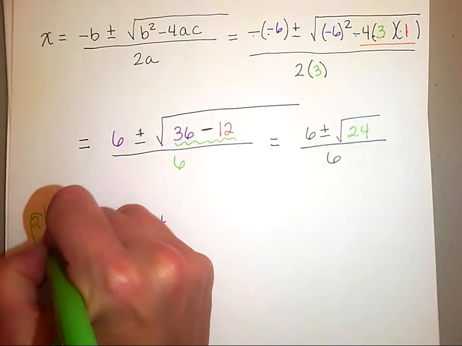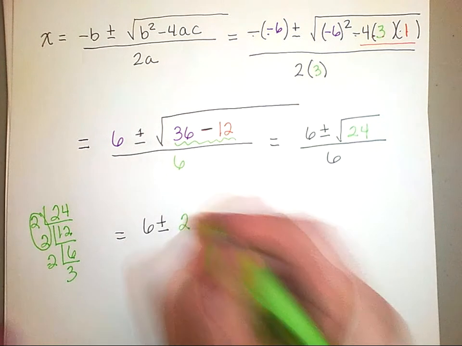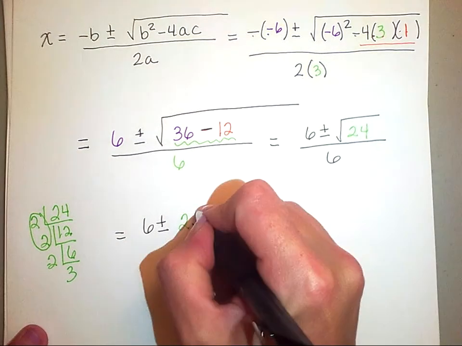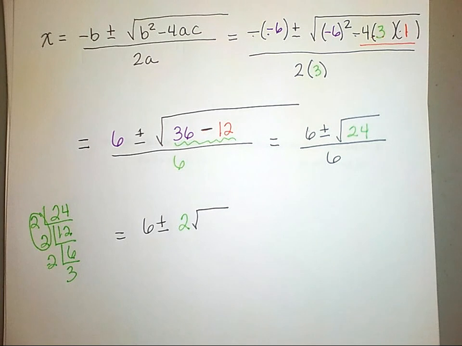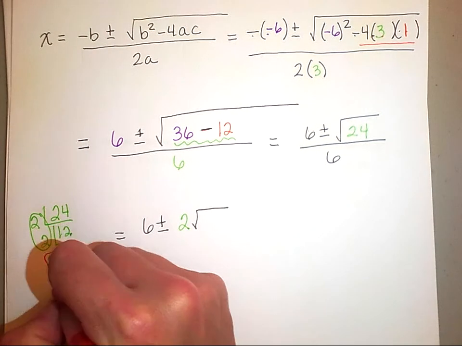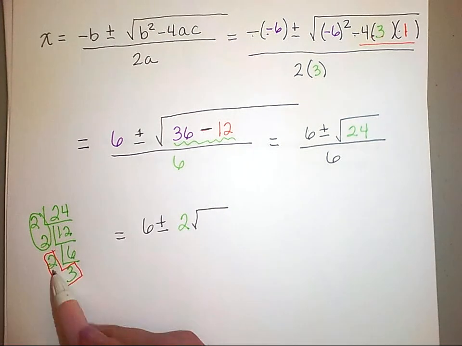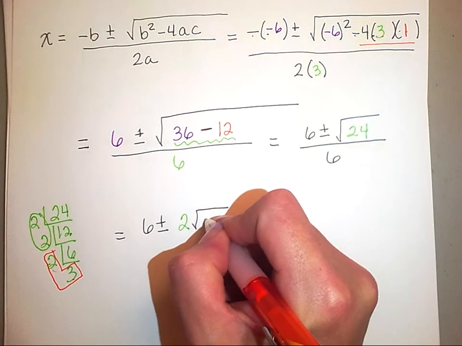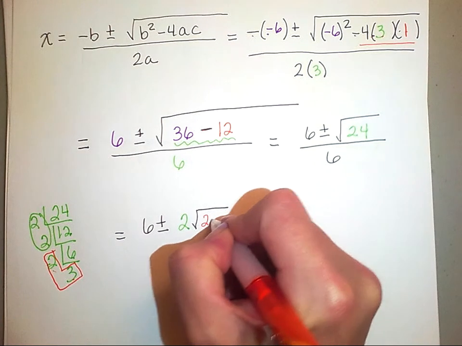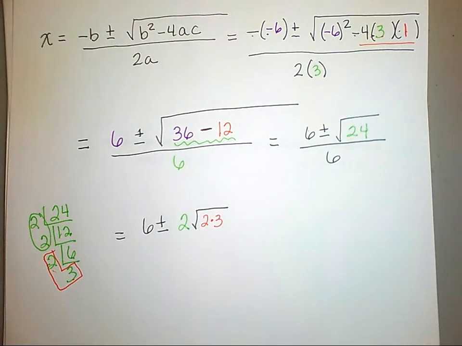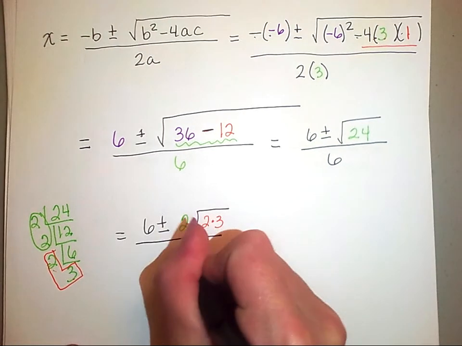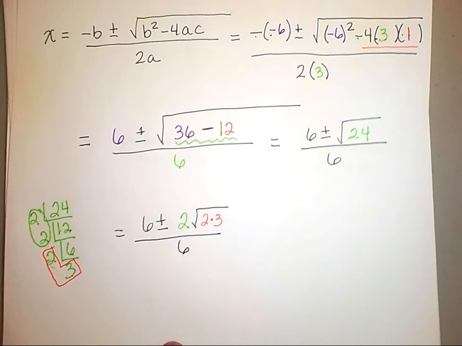Now, the square root of 24, there's one group of 2's. Okay, so that's 2. That can come out. Now everything else that doesn't have a pair has to go back under, and we will multiply it. So this 2 times this 3 has to go back underneath, over 6.